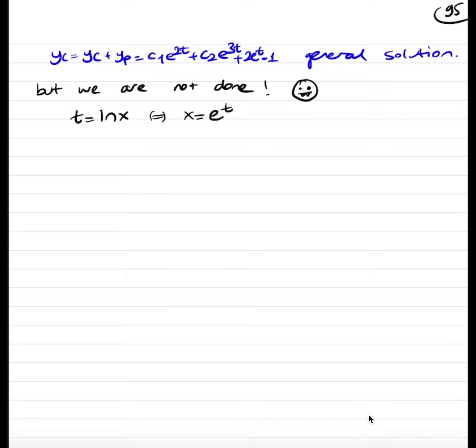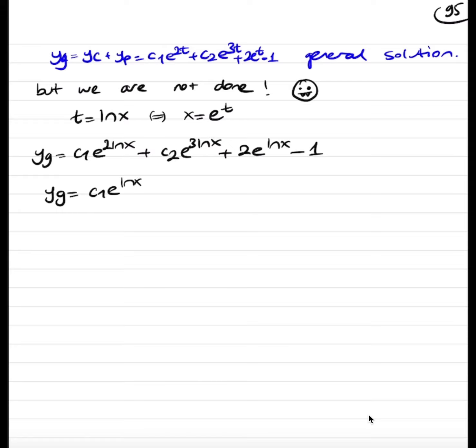So what is the general solution? Y general is c1 e to the power 2 ln x plus c2 e to the power 3 ln x plus 2 e to the power ln x minus 1. So c1 e to the power ln x squared plus c2 e to the power ln x cubed plus 2 e to the power ln x minus 1.